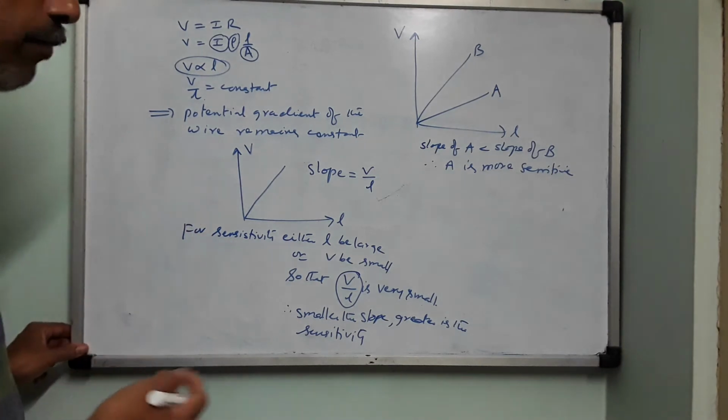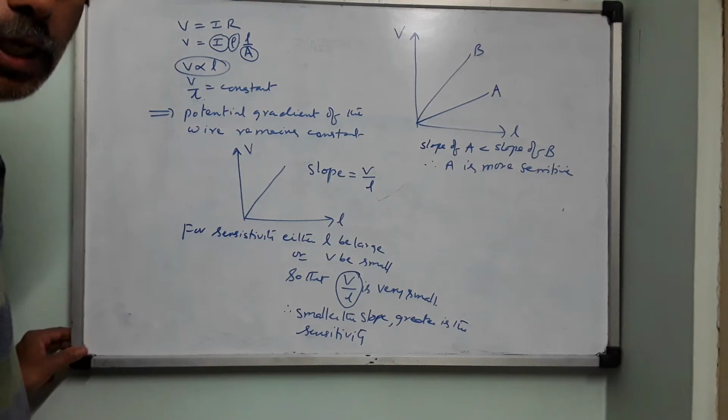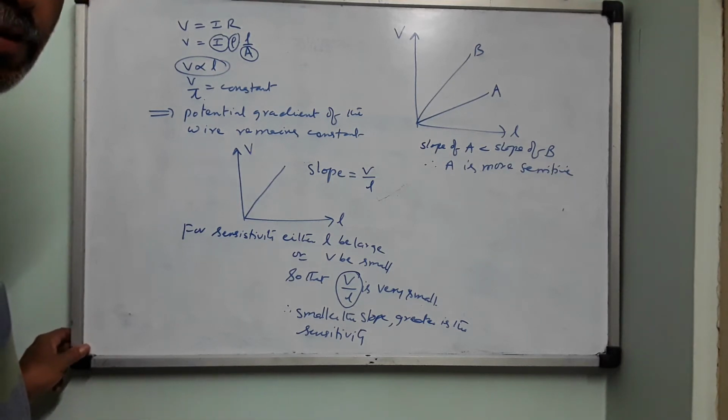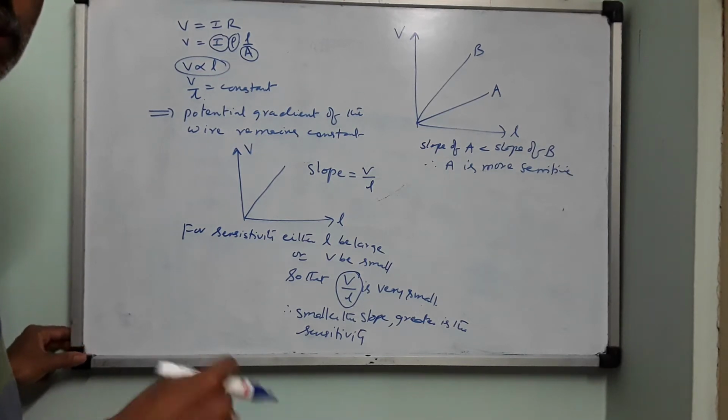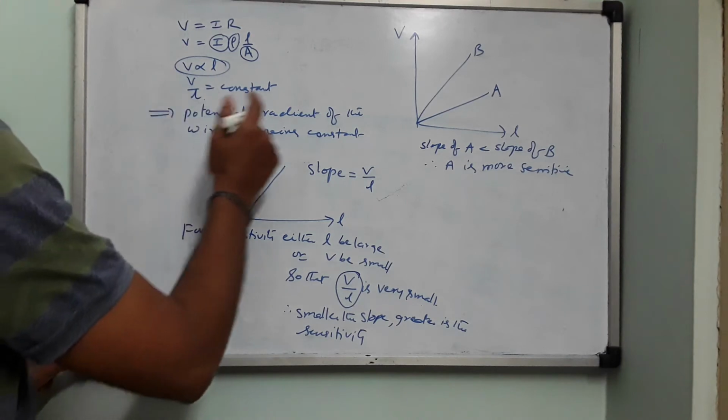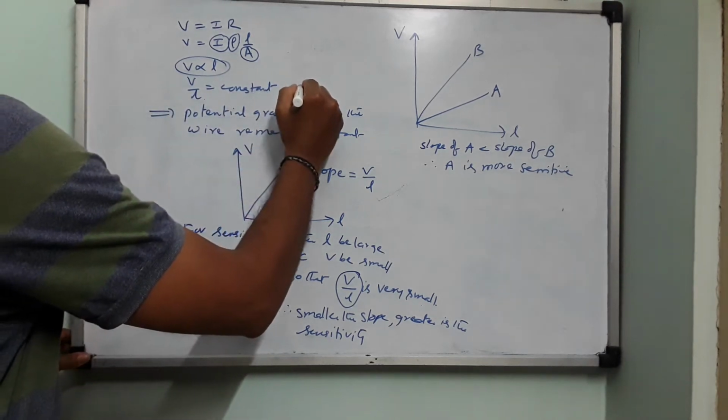Another one mark question: what is the SI unit of potential gradient? We discussed many times, if a physical quantity changes with length or a space coordinate, we call it a gradient. Potential gradient means change in the electric potential with respect to length. So V by L, and the unit will be volt per meter.